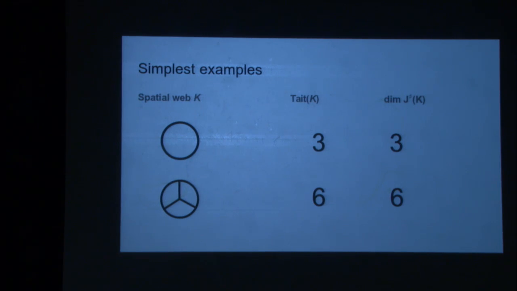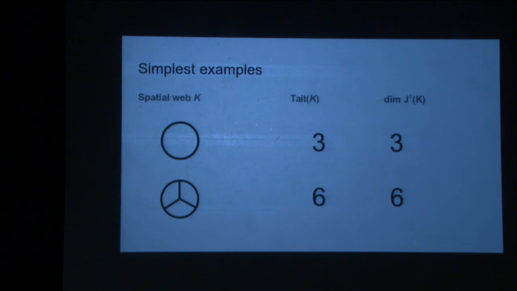So just some simplest examples before I even tell you much more about what J sharp, the instanton homology, actually is. The very simplest webs that we saw in the previous tables: the number of Tait colorings of the unknotted circle is 3, and the dimension of J sharp, the instanton homology, is 3.